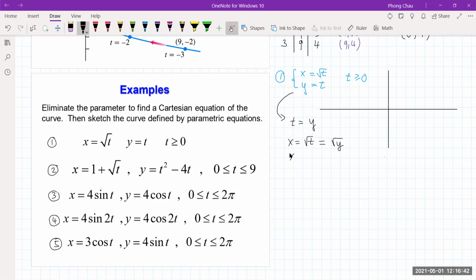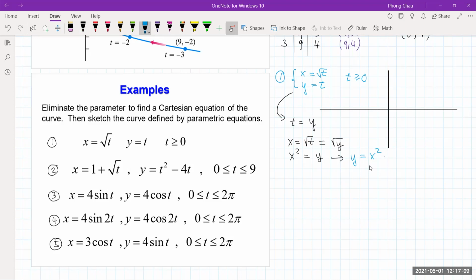If you square both sides, then x squared equals y. So you end up having this equation y equals x squared. Now I know what it looks like.